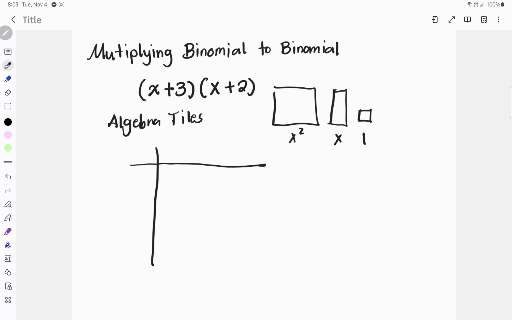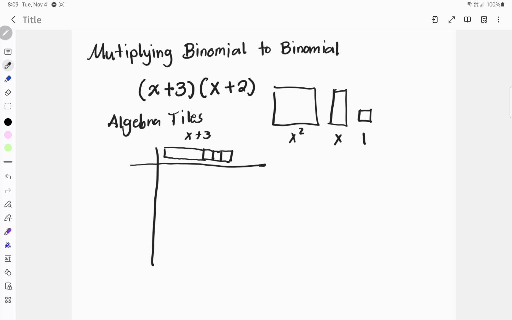Now, let's look at x plus 3. Now, x plus 3 could be represented by a rectangle and then 3 small squares. So this is now represented by x plus 3.